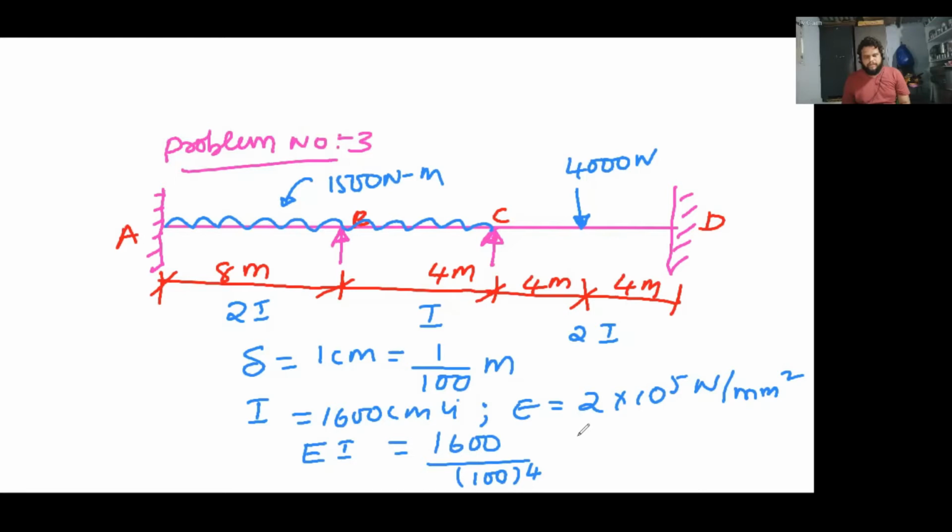Into 2 into 10 to the power of 5, and mm square is 10 to the power of minus 3 whole square. If it comes to the numerator, this will become 10 cube whole square. This whole value is now 32 into 10 to the power of 5 Newton meter square.